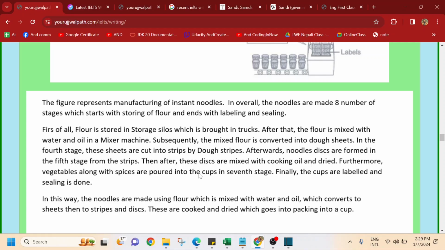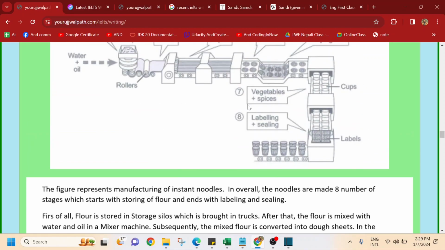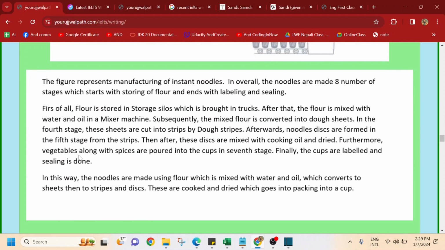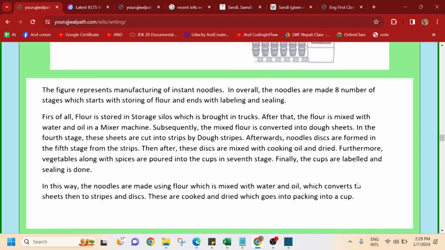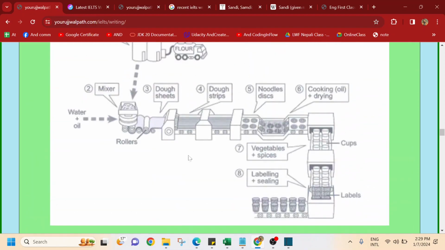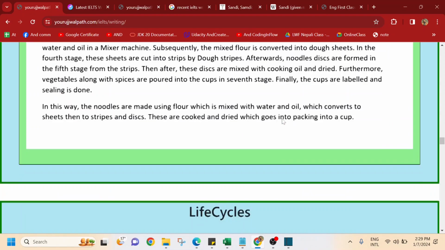And you come over here, you see the last stage. What happens if you are not at 150 words? 150 words should be made. So if not, what you can do is, in this way the noodles are made using flour, which is mixed with water and oil, which converts to sheets, then to strips and discs. These are cooked and dried, which goes into packing into a cup. So you can summarize this whole process in one go.